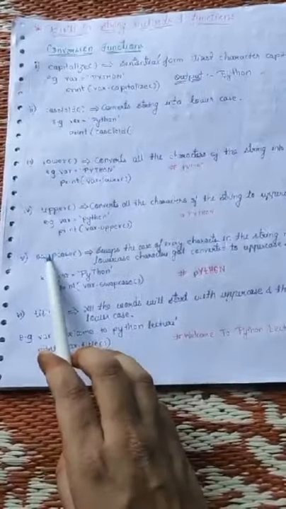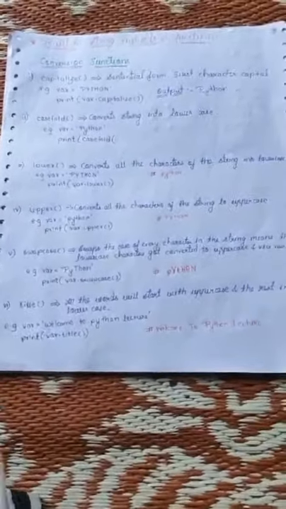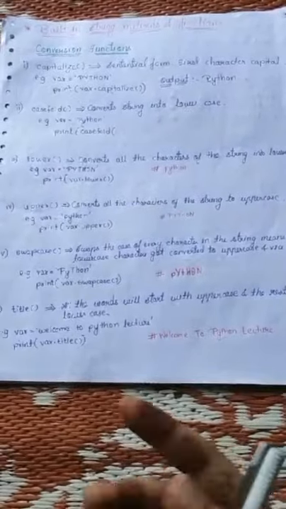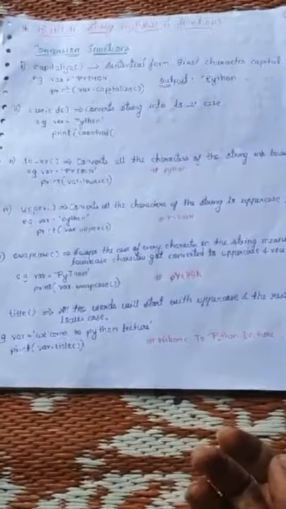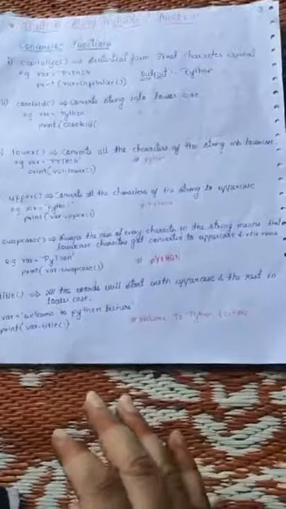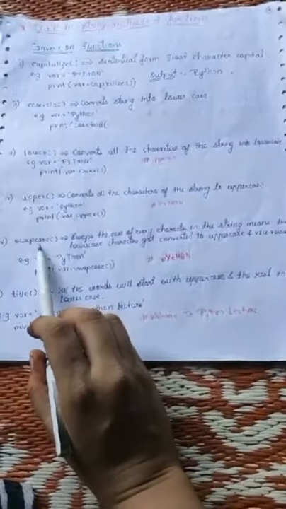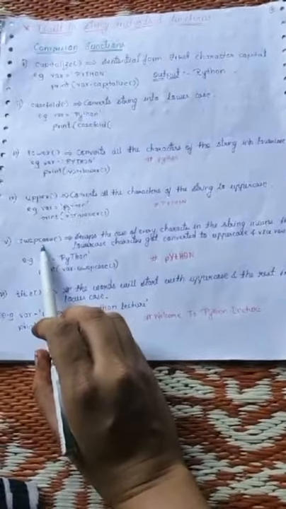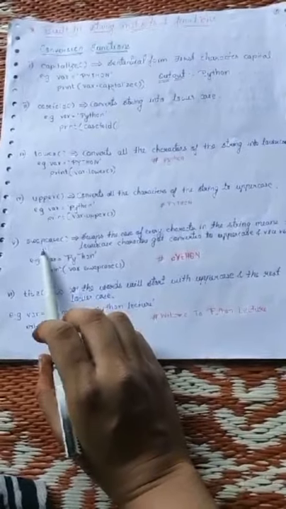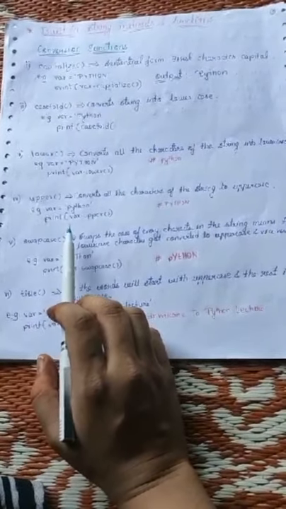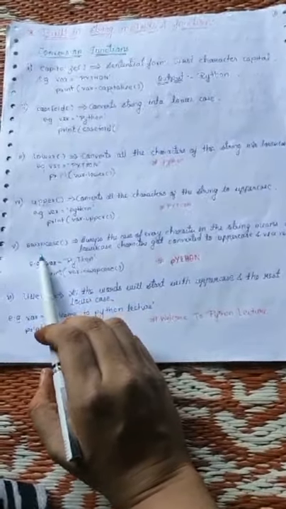Then swapcase. We have seen a program of swapping, that means interchanging the value. But here we don't want to interchange the value. Here we are changing the case of that string. That means capital will be converted to small and small will be converted to capital.